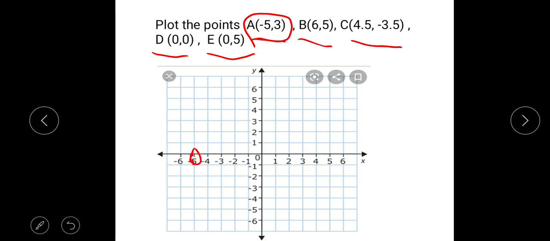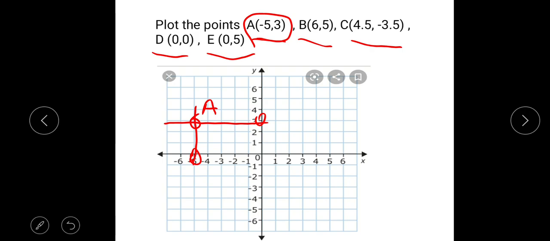Then 3, positive 3 on the y-axis. Now we draw a line from -5 and from the y-axis from 3. They meet at this point. This point is our A. Okay. A has x coordinate -5, y coordinate 3.